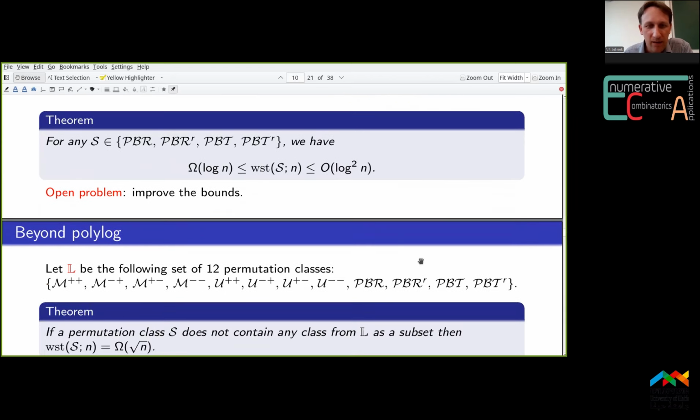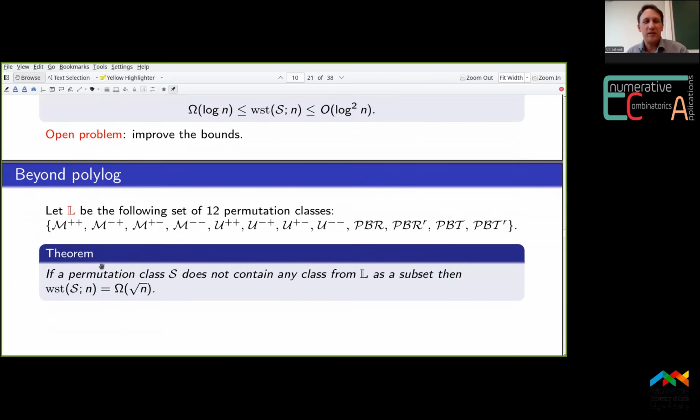Okay, thank you. So anyway, these 12 classes with polylog behavior, like the 4 merges, the 4 unmerges, and the 4 block type troublemaker operations are the minimal polylog classes in the following sense.